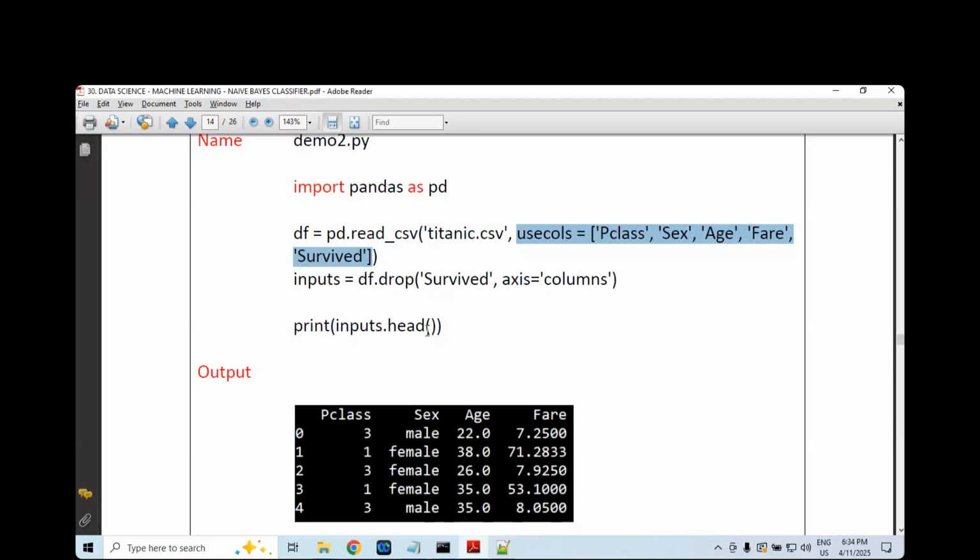Go to the date and time operation, parse_dates. That is the requirement. Here, I wanted to select only selected columns. Then you can use usecols, my favorite syntax. Keyword, that's it, right? Now, P class, sex, age, fare, and survived. Can we load this? Yeah, we can.